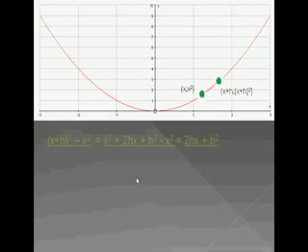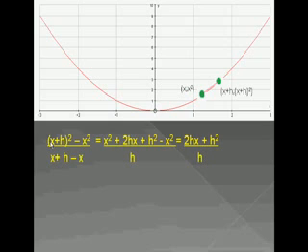By doing that, you would get x plus h squared minus x squared, y2 minus y1, all divided by x plus h minus x, which is your x2 minus your x1.